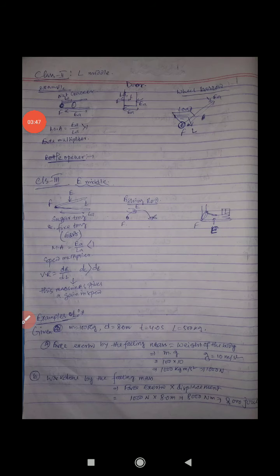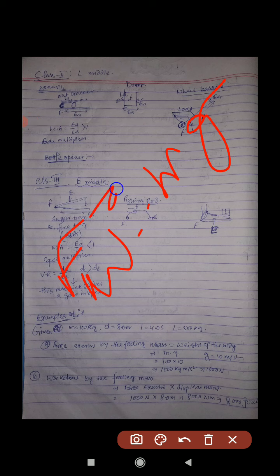According to the second law, F is equal to ma, and when a is equal to g, F is called W. So weight is also a force. Now students, you see that the force exerted by the falling mass is completed.